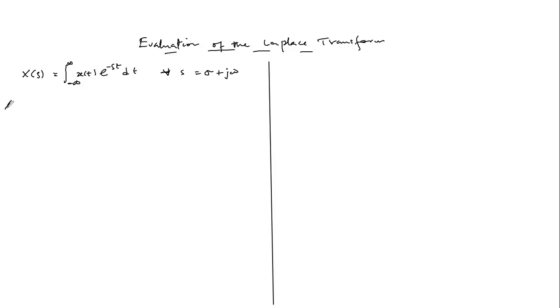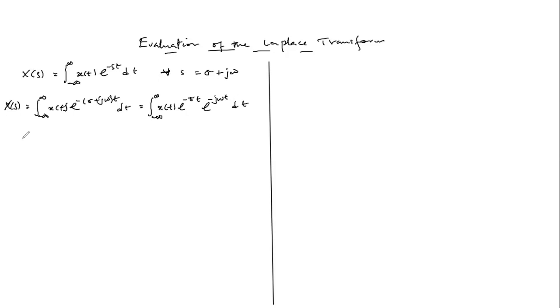So you see that S of s is the same as the integral from negative infinity to positive infinity of s of t e to the minus bracket sigma plus j omega t dt, which is the same as the integral of s of t e to the minus sigma t e to the minus j omega t dt.